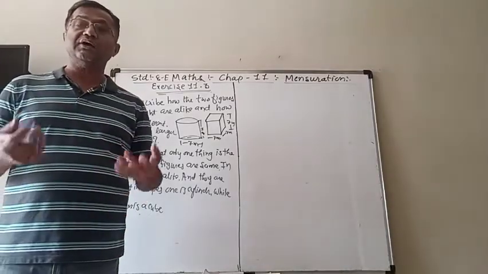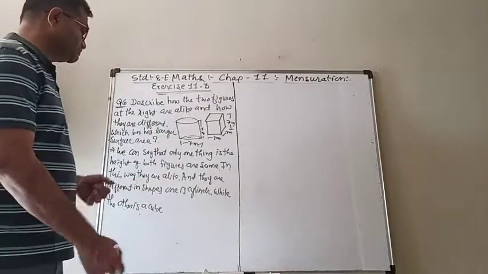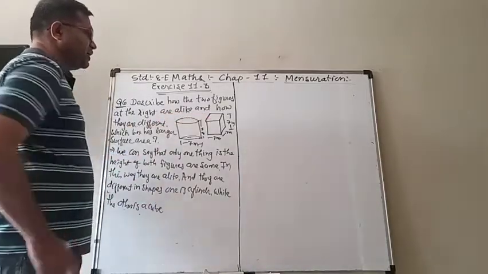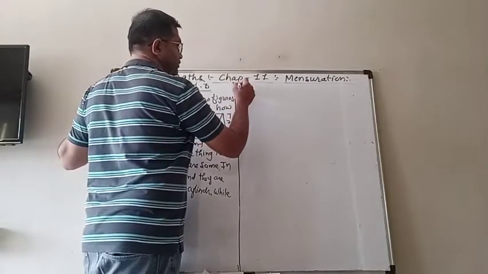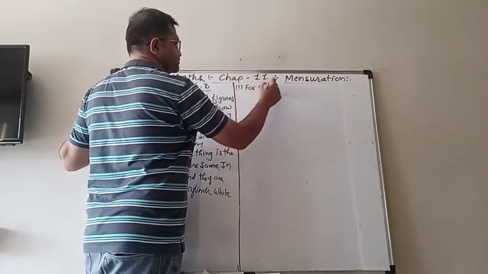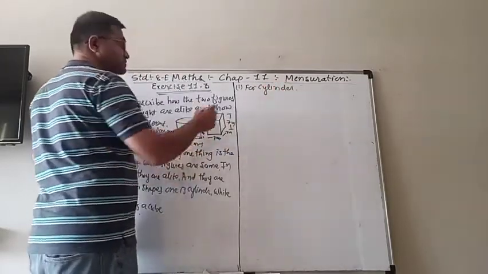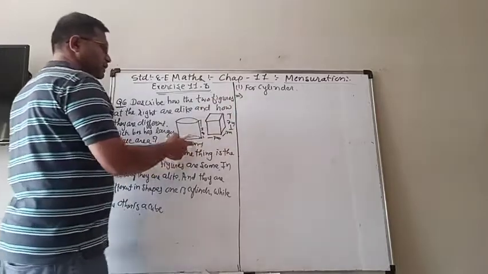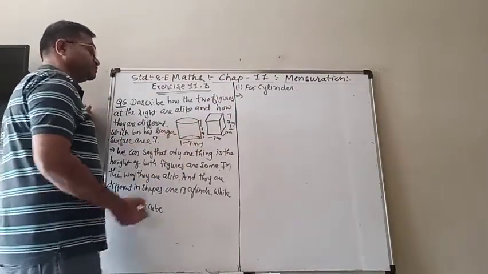So we have to find surface areas of both of them, means cylinder also and the cube also. So first one for the cylinder. Here the base is circular and its diameter is given.